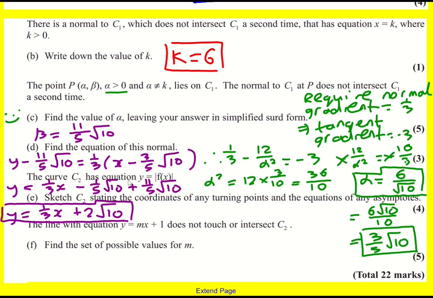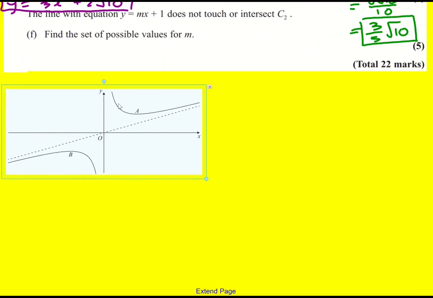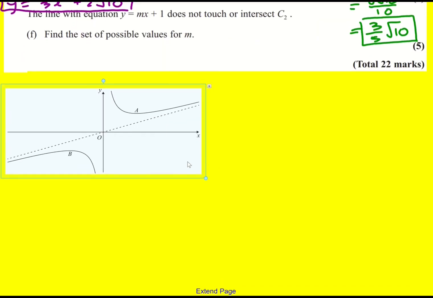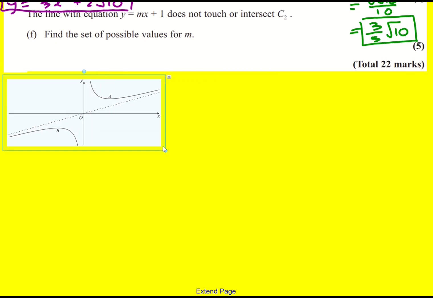Given that the curve C2 has equation the modulus of f of x, we're asked to sketch it, stating the coordinates of any turning points and the equations of any asymptotes. All right, now there's my original curve.